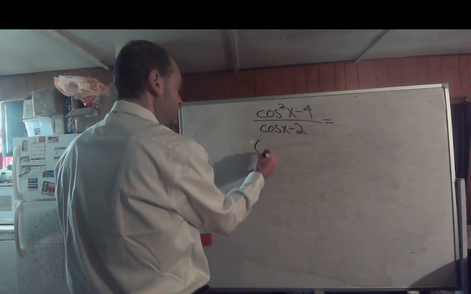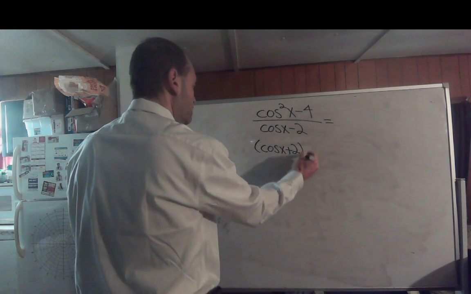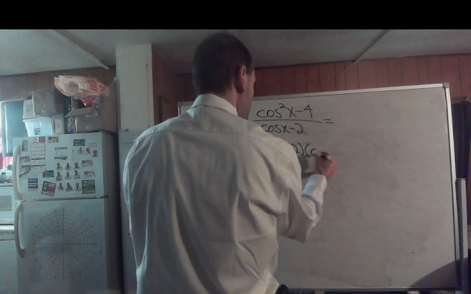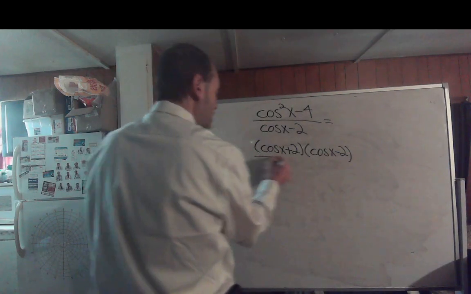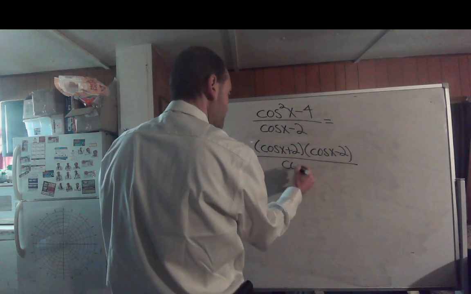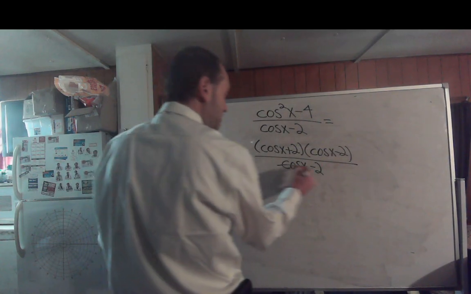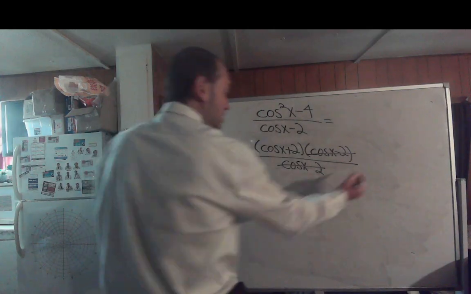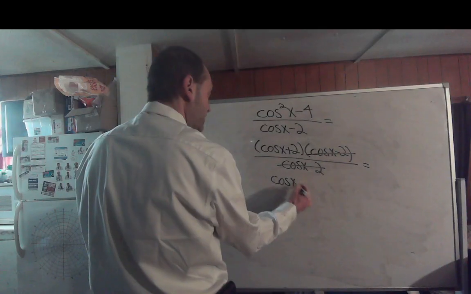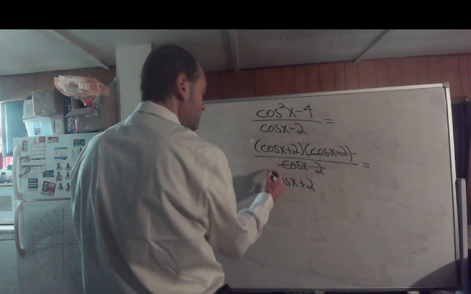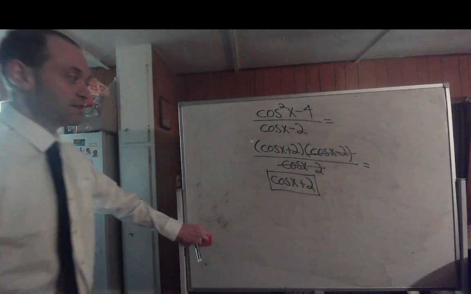So this is going to factor into the cosine of x plus 2 times the cosine of x minus 2 all over that cosine of x minus 2. Well, the cosine of x minus 2's cancel out. You should just simply be left with the cosine of x plus 2. That should end up being your final answer, the cosine of x plus 2.